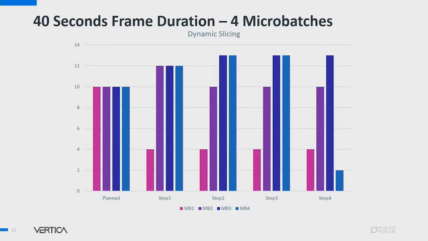Then in step 2, microbatch 2 finishes in 10 seconds. The remaining extra 2 seconds are then distributed to microbatches 3 and 4, and so on. Finally, in step 4, microbatch 4 finishes in 2 seconds. So when the scheduler starts the next time, it will probably start with microbatch 4, which used the least amount of time, then microbatch 1, then microbatch 2, and then microbatch 3.